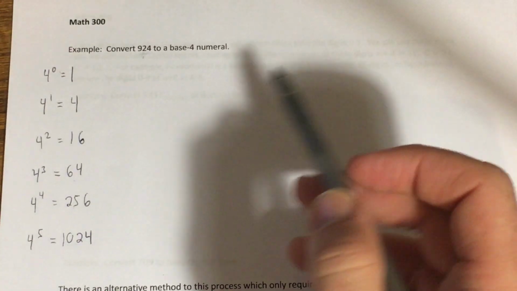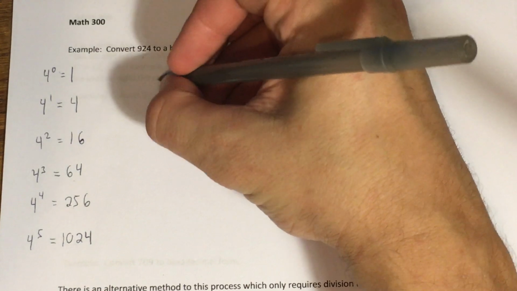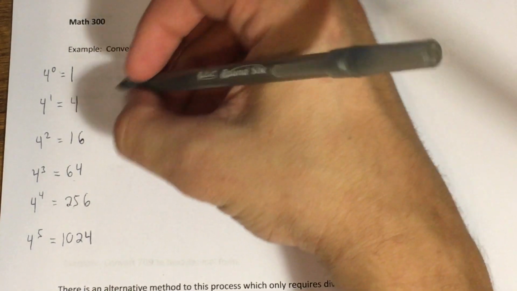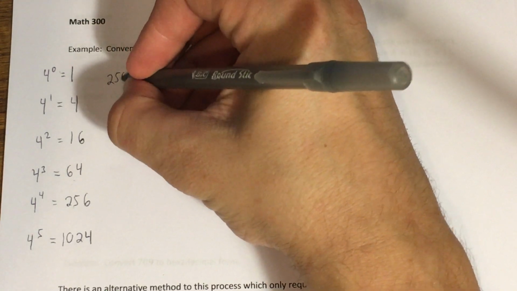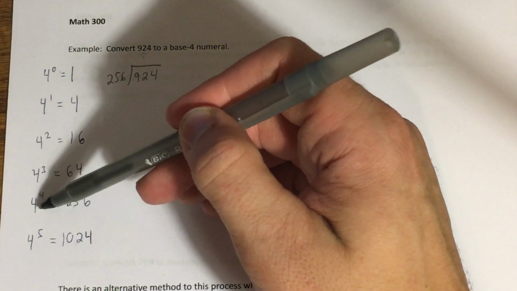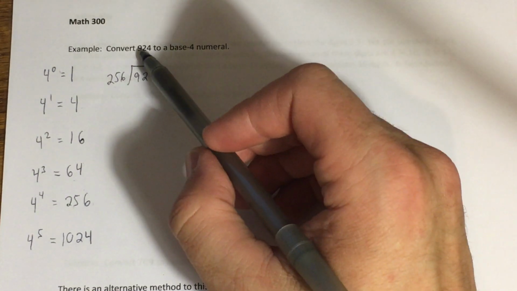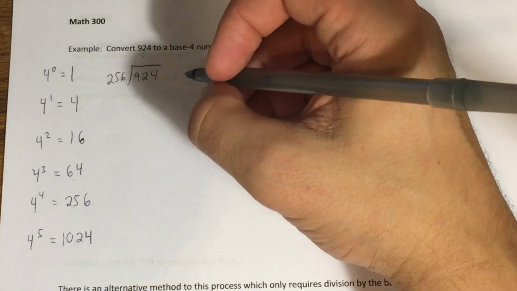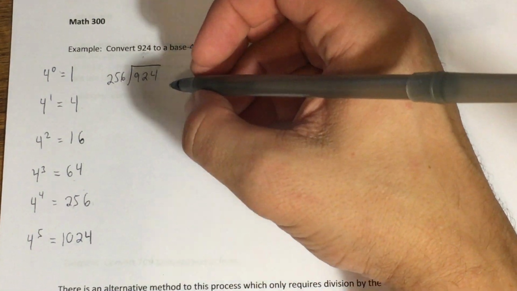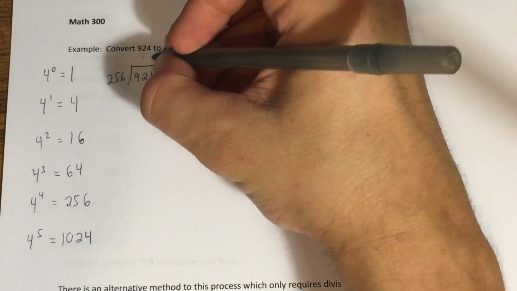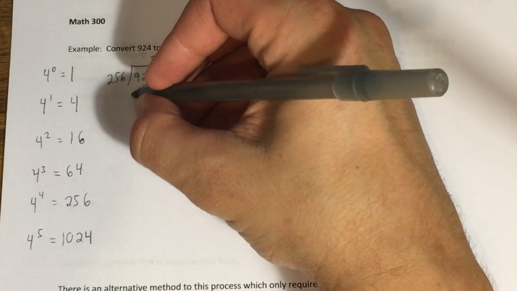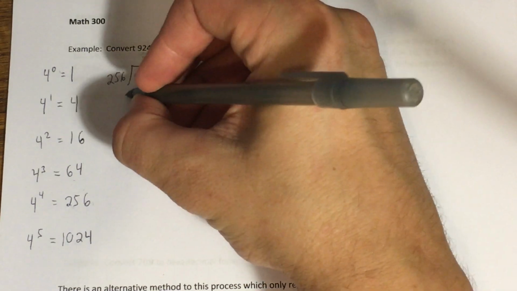That's the same thing as doing a division problem. What is 924 divided by 256? And again, I'm choosing as my divisor the largest power of my base that still doesn't exceed the number 924. That's this guy. If I do the division here, I would see that this goes into 924 3 times. 3 times 256 is 768.